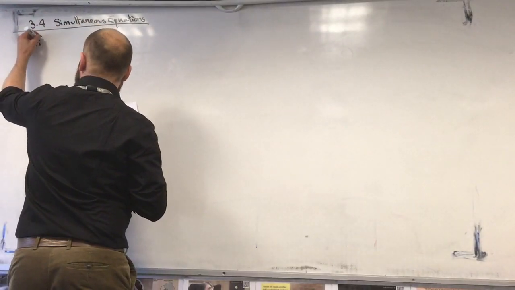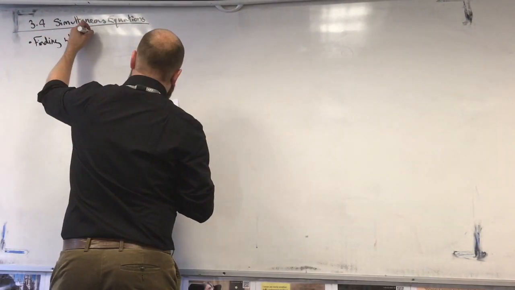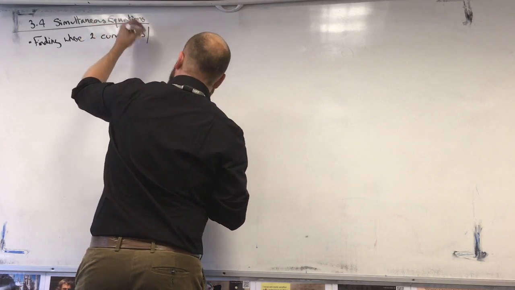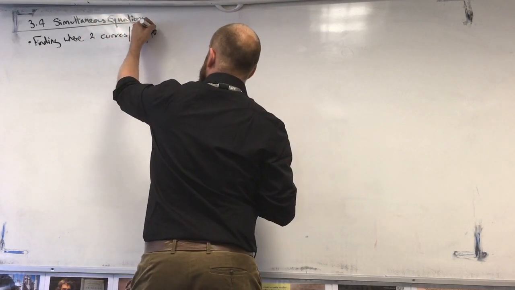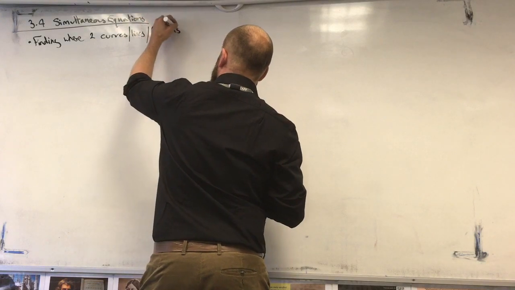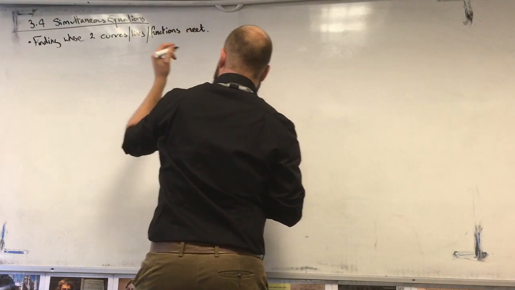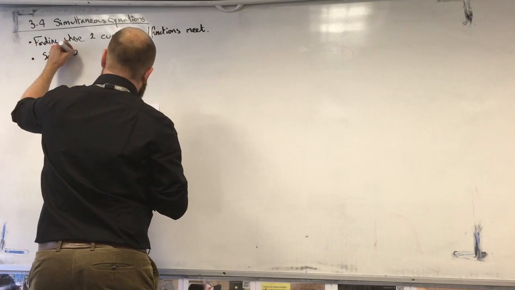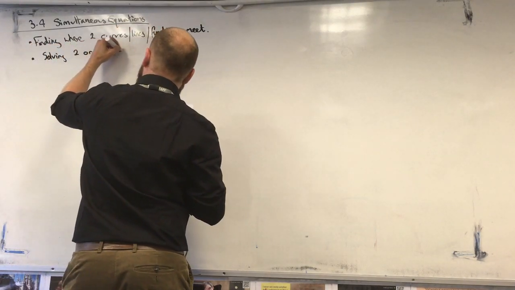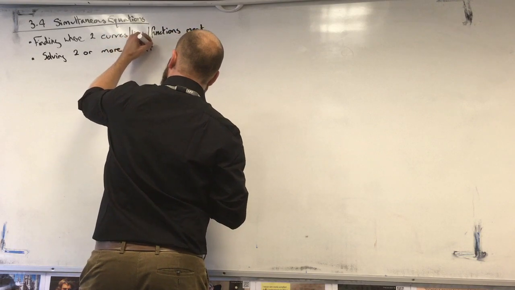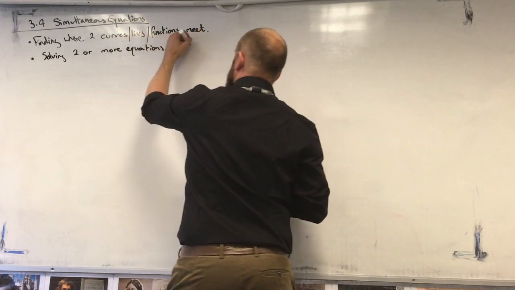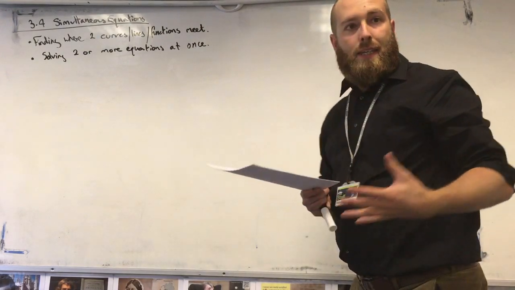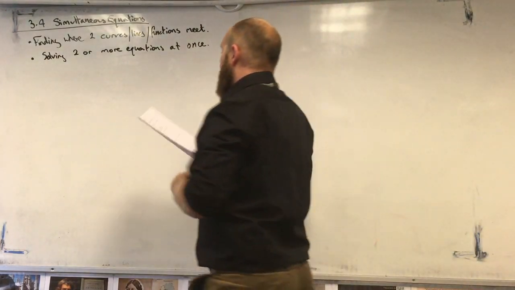It's useful for finding where two curves or lines or functions meet, or it's useful for solving two or more equations at once. Really key skill this, let's put that.